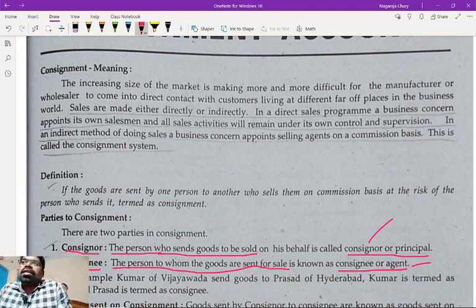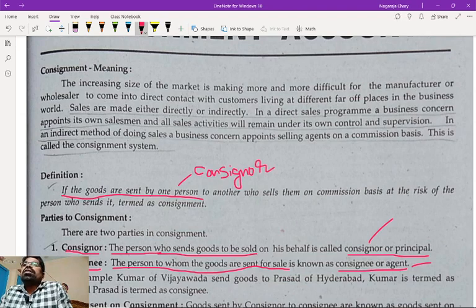First, let us see the definition. If the goods are sent by one person, that person is known as the consignor. The person who is sending the goods is known as the consignor.